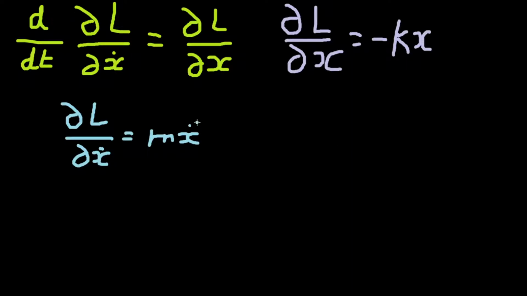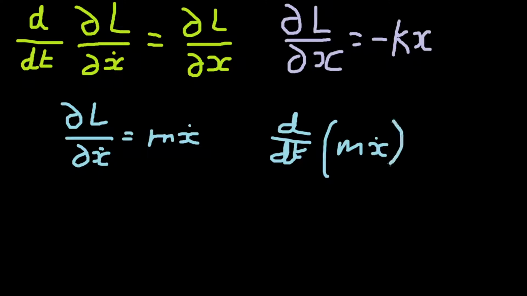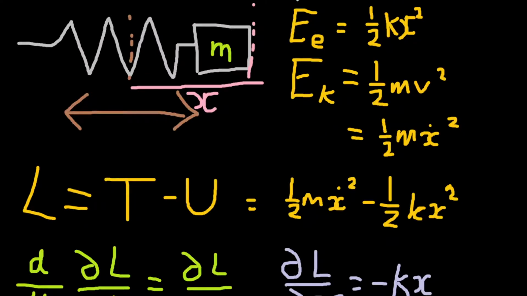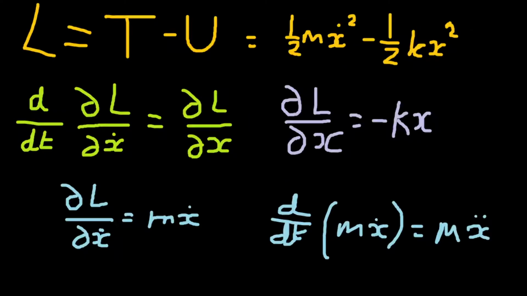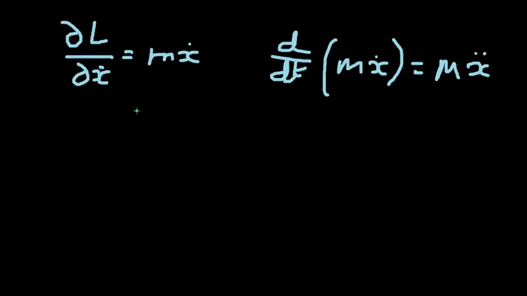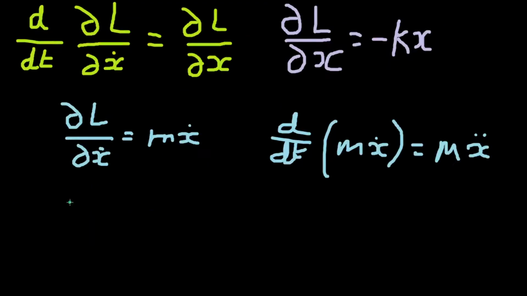And now taking the time derivative of this, d over dt of m x dot is simply m x double dot, the mass times the acceleration of the spring in this case. So, using the Euler-Lagrange equation, we can form an equivalence between these two. m x double dot is equal to negative kx.